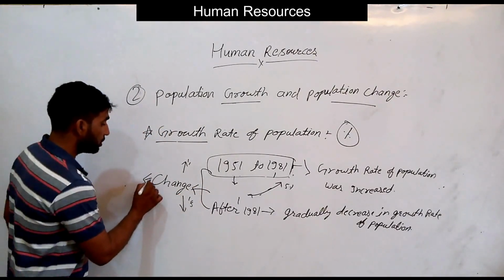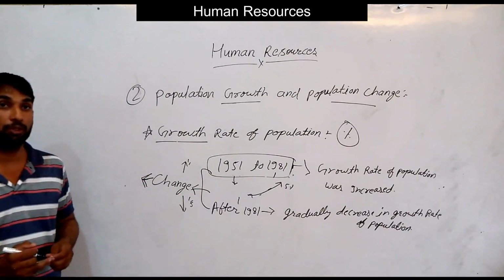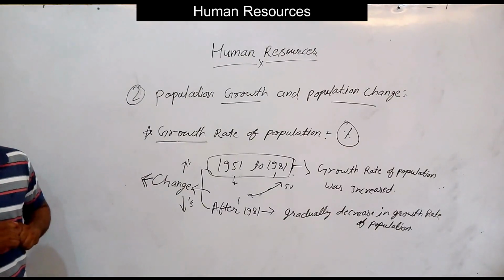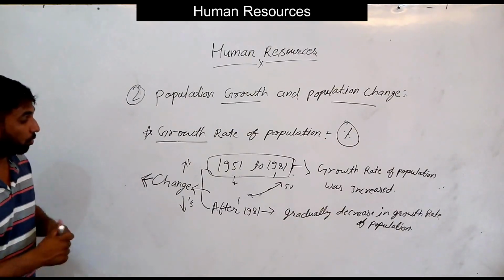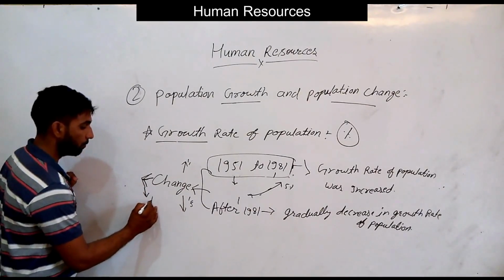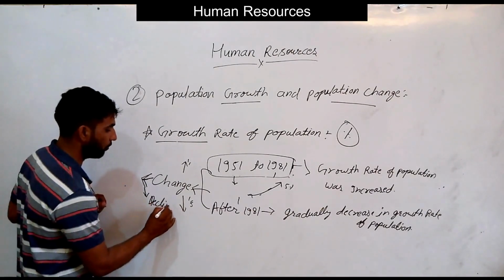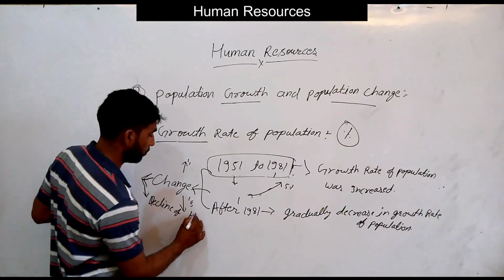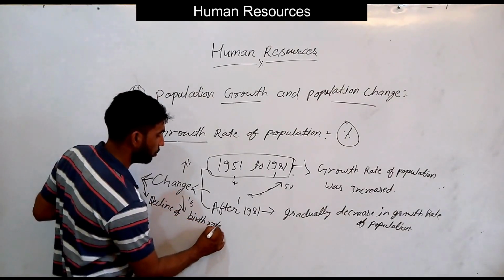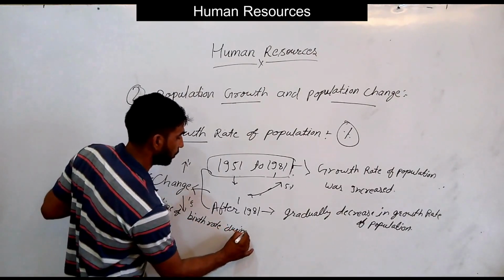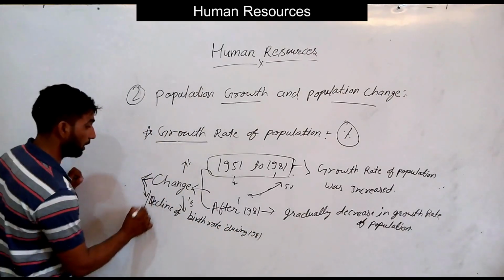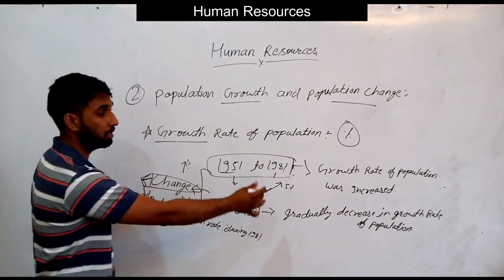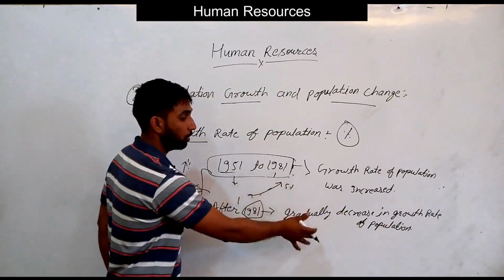That change shows the development or the controlling measures of the government, because this change shows the decline of birth rate after 1981. At that period, the growth rate first gradually increased, and after 1981 it gradually decreased.